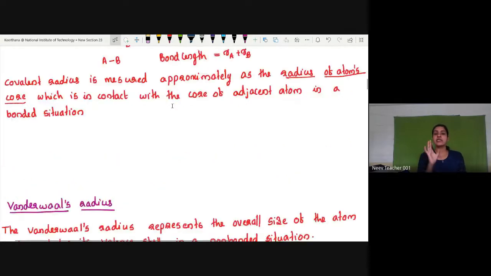Since the overlapping is occurring, we exclude these valence electrons because they are overlapping.